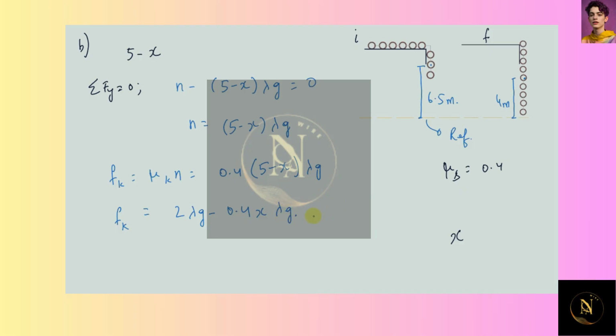Now we're going to consider the energies of the chain-earth system at the initial moment, that is, this is the initial position and the final position. So we can write that Ki, that is kinetic energy initial, plus initial potential energy plus change in mechanical energy is equal to the final kinetic energy plus the final potential energy.